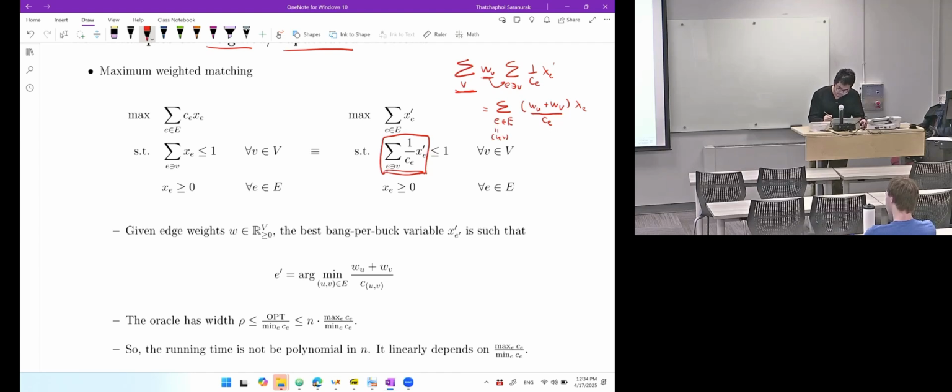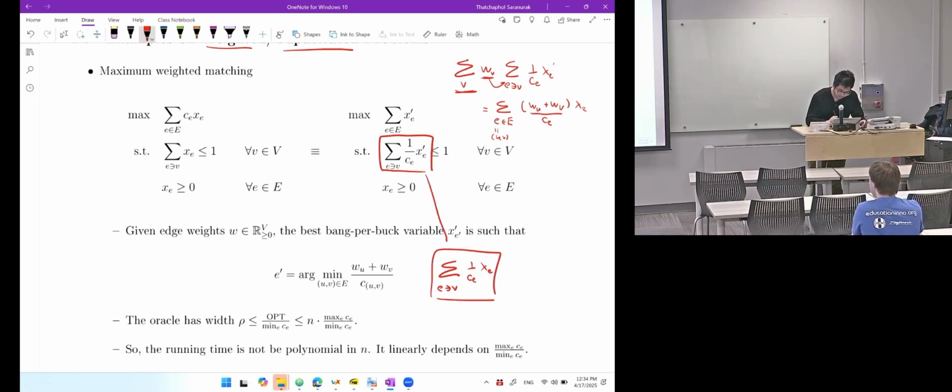Because what you're going to do is put this thing and ask how big this can be when our algorithm returns, given the Oracle solution.